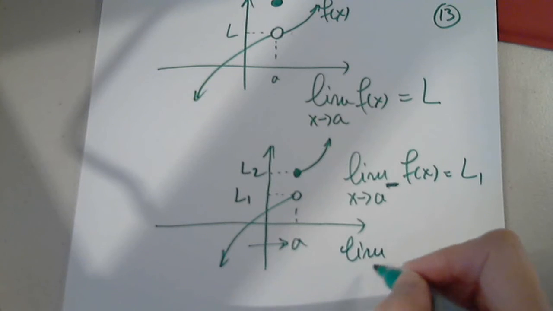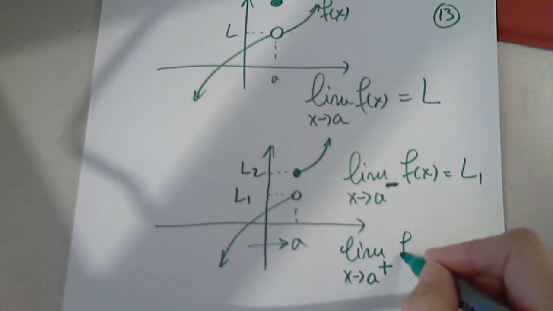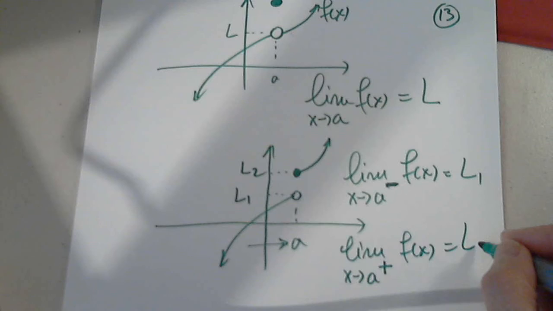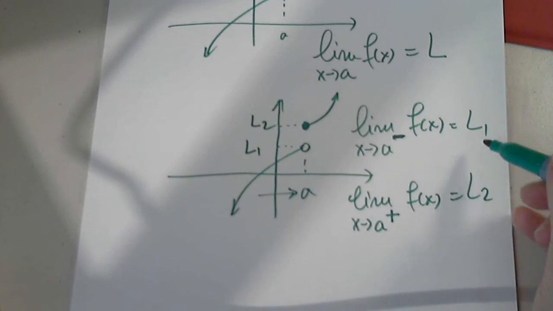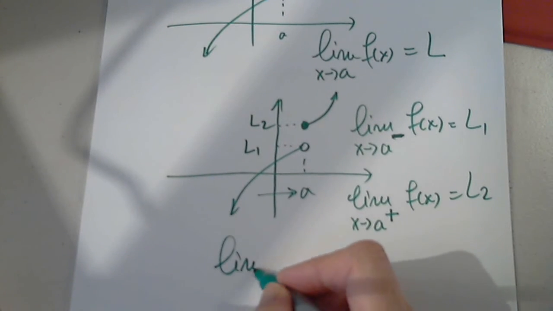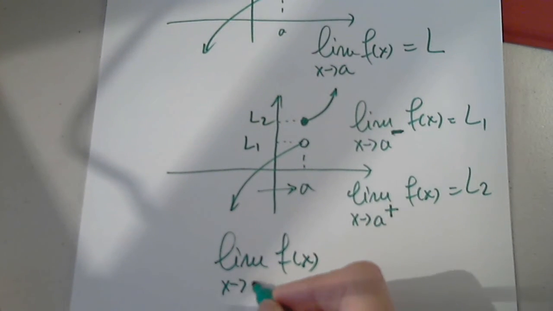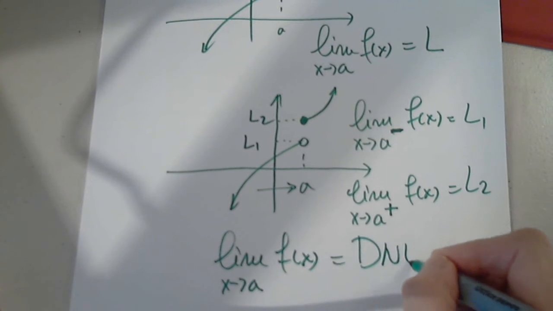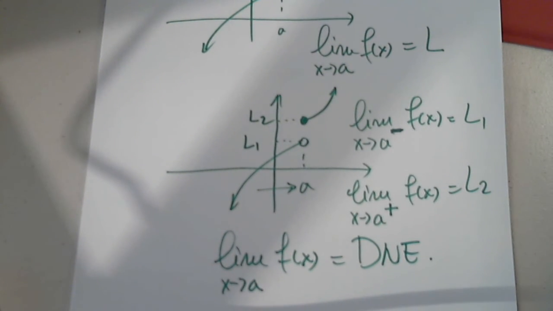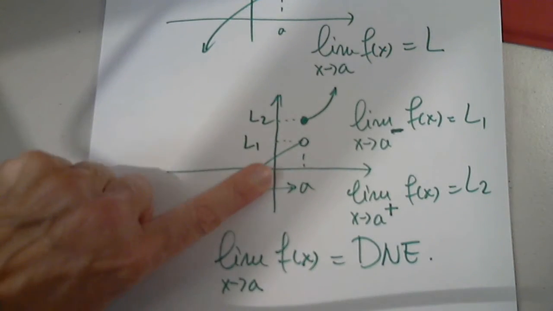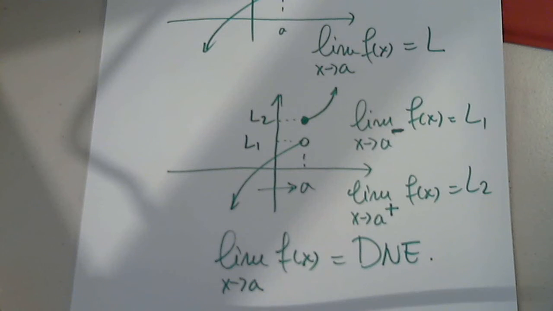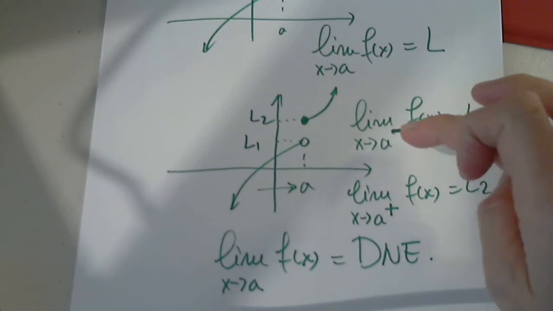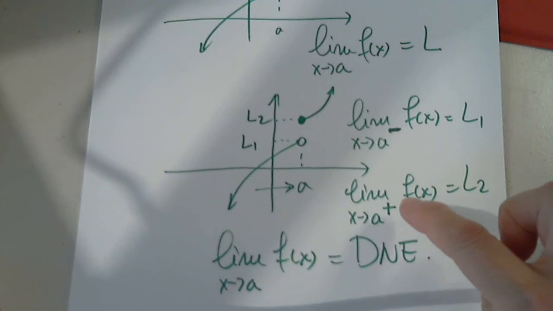And the limit as x approaches a from the right of f of x equals whatever, that number, L2. Because these two are not the same, then the limit of f of x as x approaches a from either side is DNE. Because this side approaches a value and this side a different value. I don't have a unique value that both sides approach. So this is the left-hand side limit, right-hand side limit.